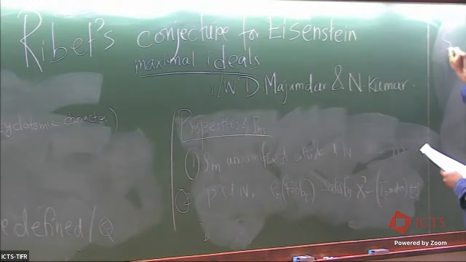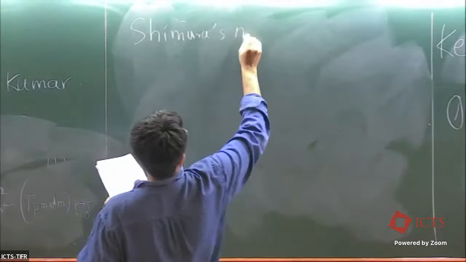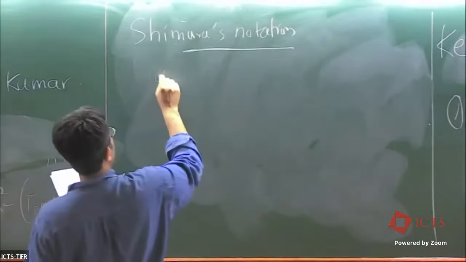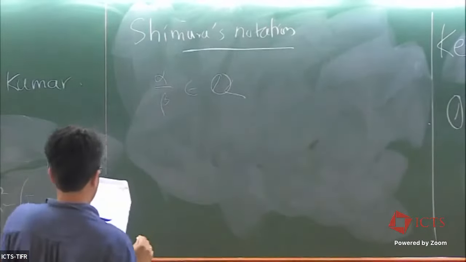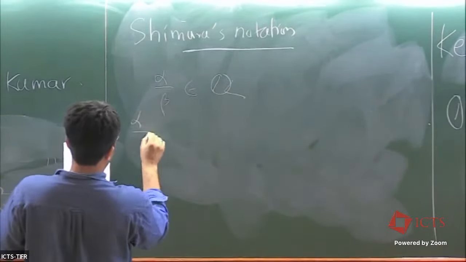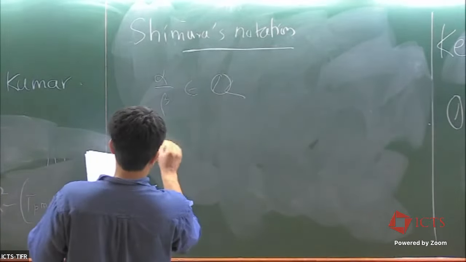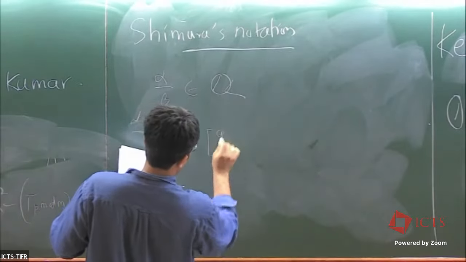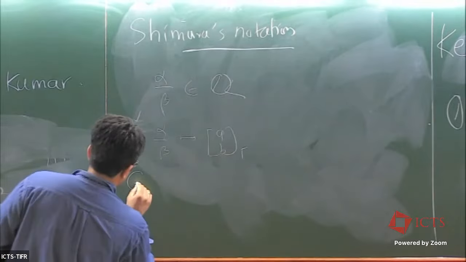This is Shimura's notation of cusps. These cusps are defined over Q. This alpha beta belongs to Q, and a priori you have this alpha beta, defined over, in Shimura's notation, and this Galois group.